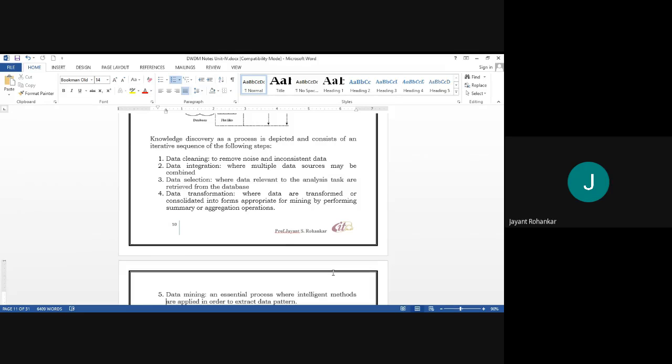Data transformation, where data are transformed or consolidated into forms appropriate for mining by performing summary or aggregation operation.